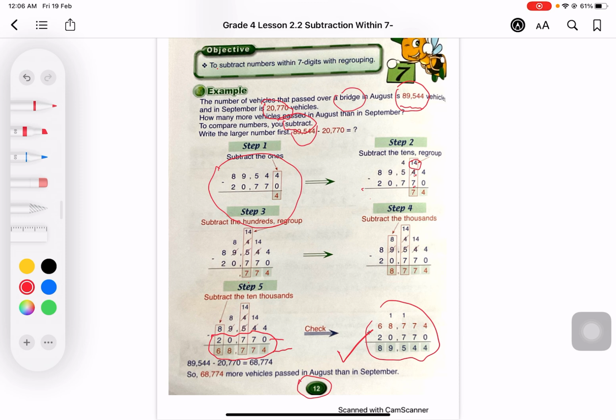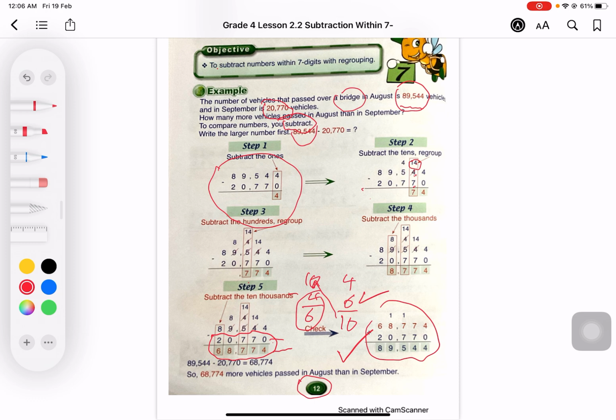So to check, for example, if I am subtracting 10 minus 4, the answer is how much? 6. If I need to check my answer, I will add the 4 with the 6. 4 plus 6, I will get 10 back. So I am solving correctly. So when you subtract, the number you get, which we name the difference, you are going to add it with this number that is close to it.